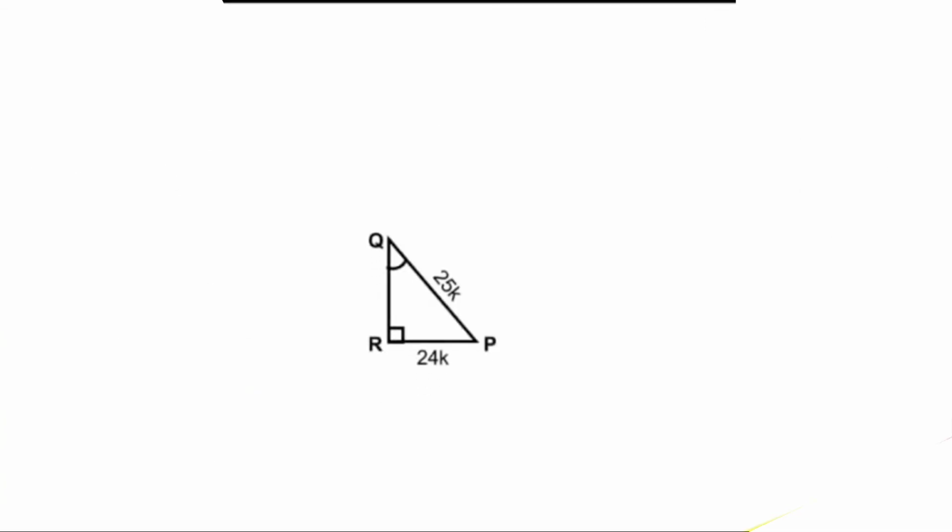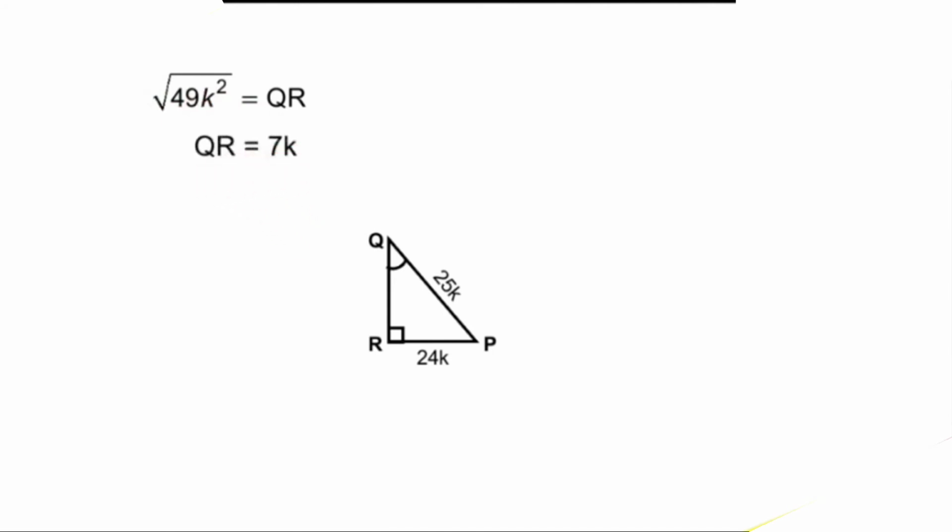Children, now let us shift the square from LHS to RHS. Then we get square root of 49K square is equal to QR. Now let us take the square root of 49 and K square. Then we get QR is equal to 7K.